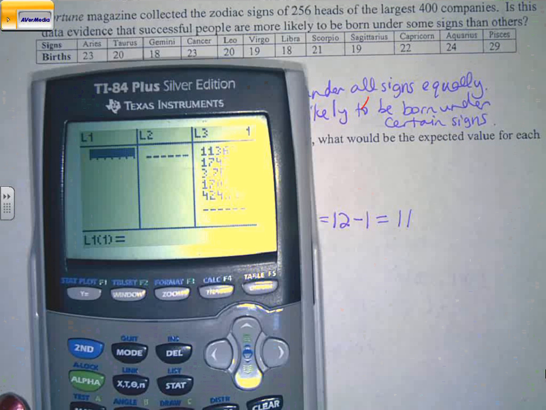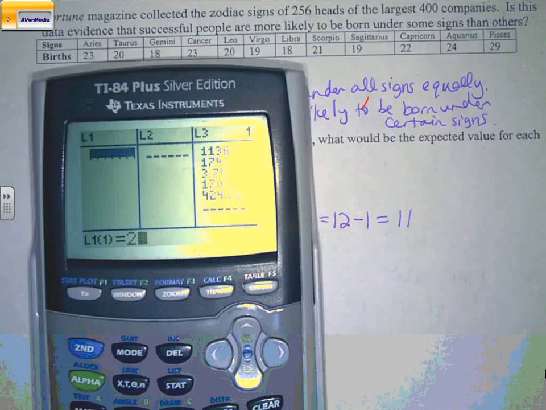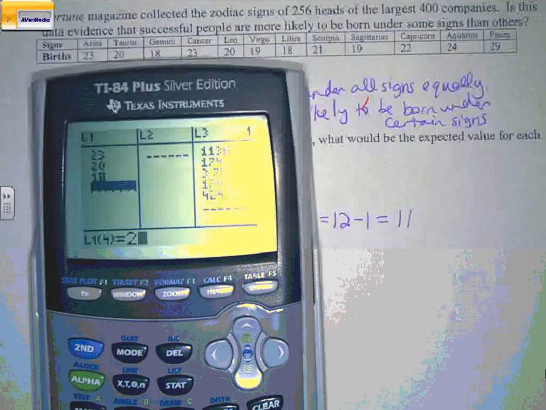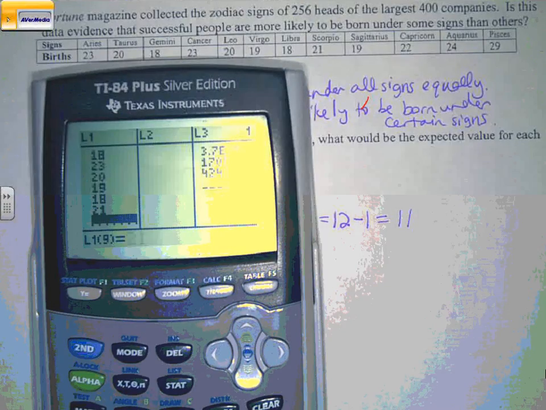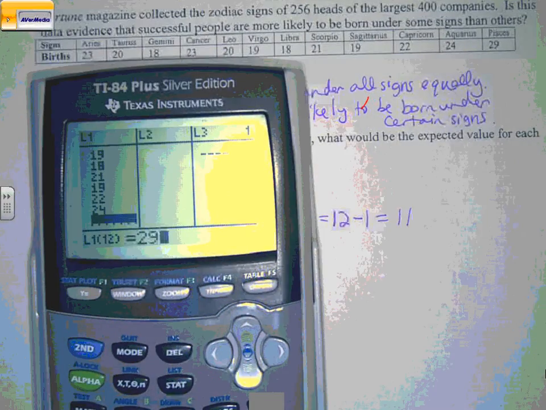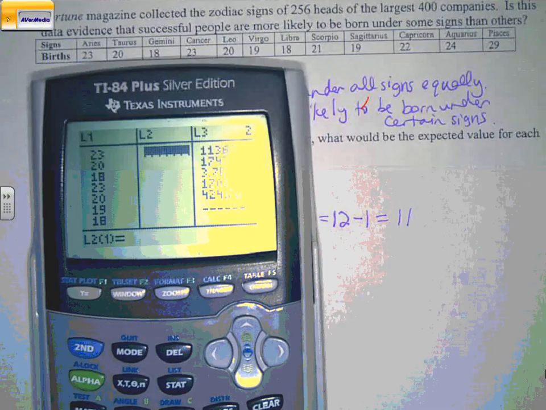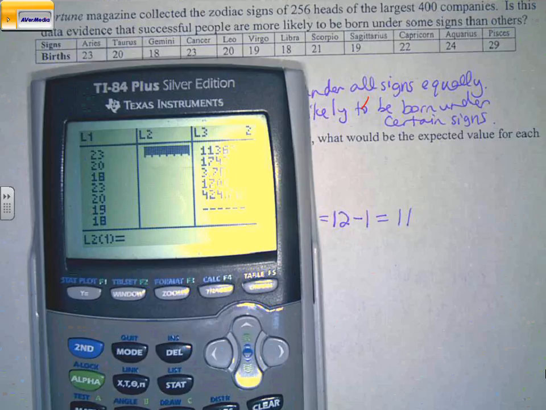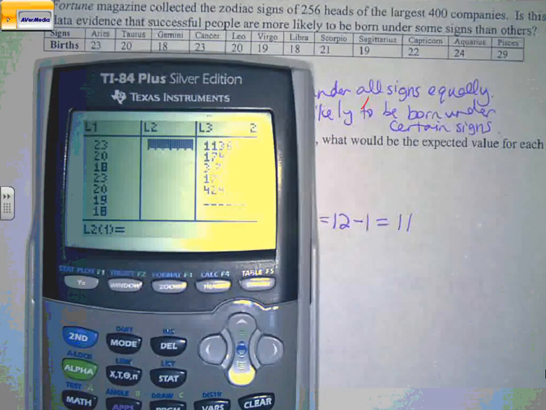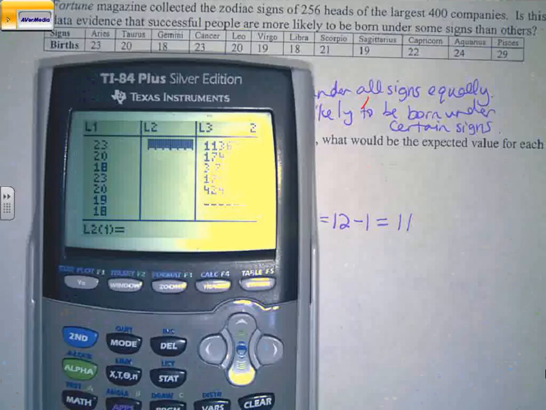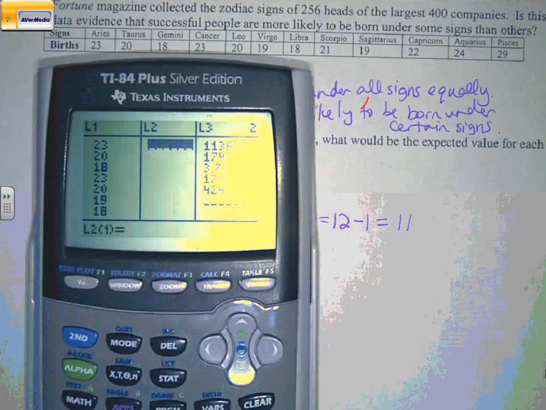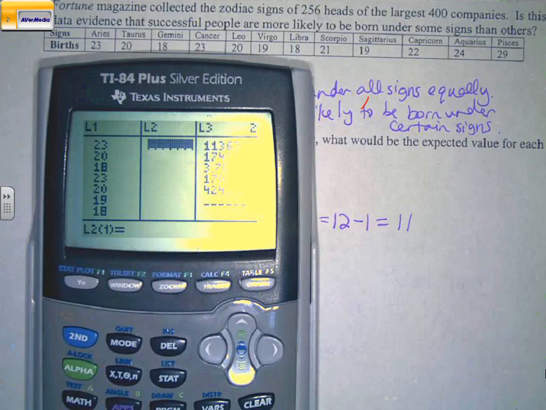L1 is what we observe. This time we don't have percents. It actually told us how many were in each category. So that's good. We can just type those in: 23, 20, 18, etc. Maybe I won't make a mistake. Okay, L2 is what we expect.